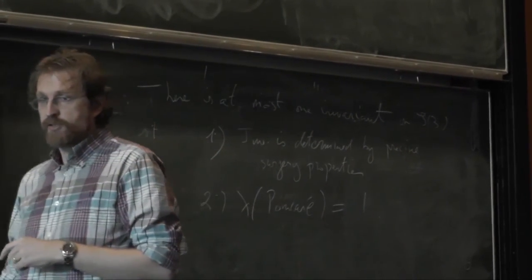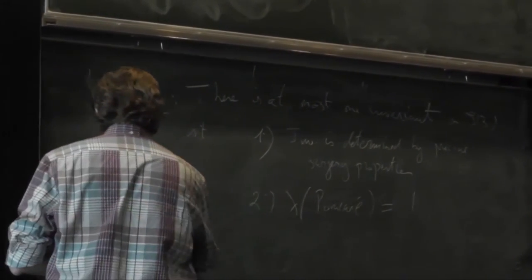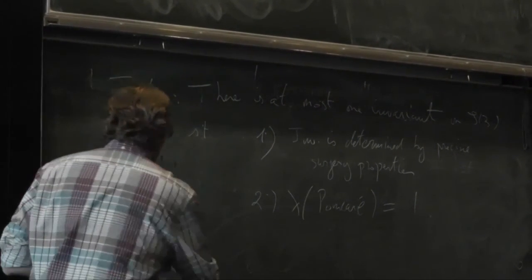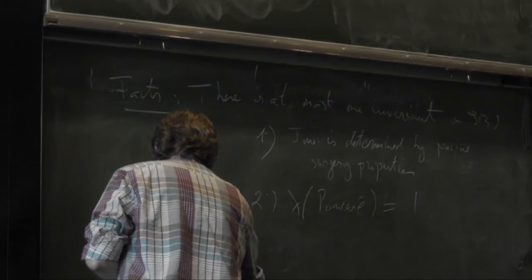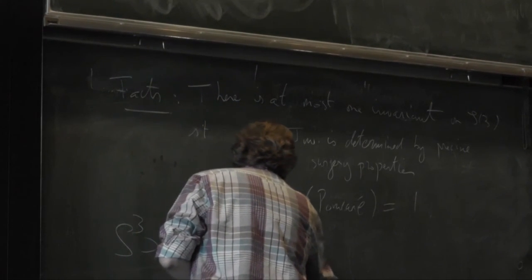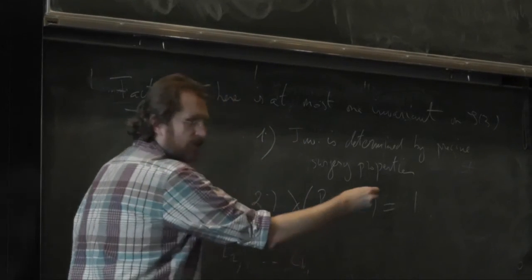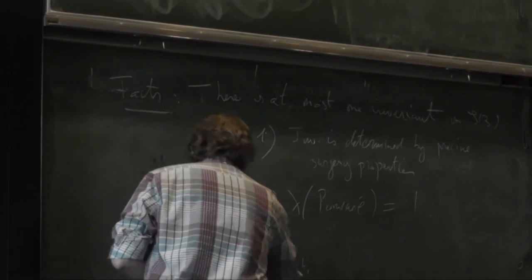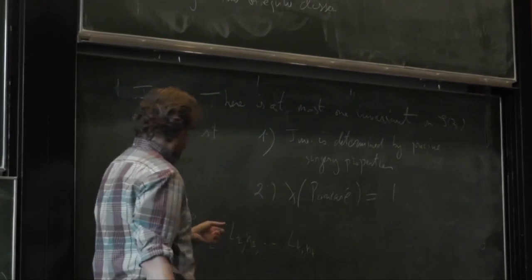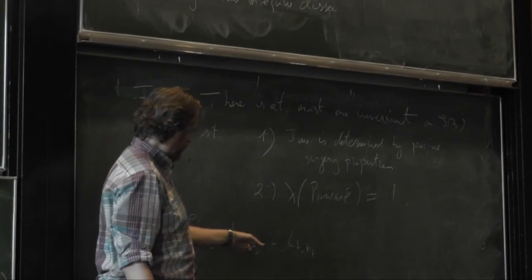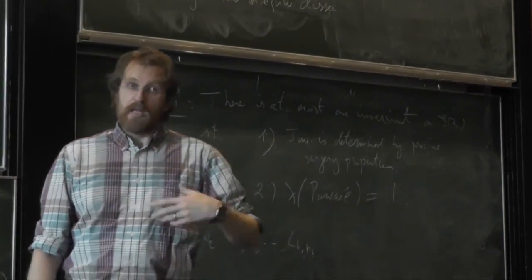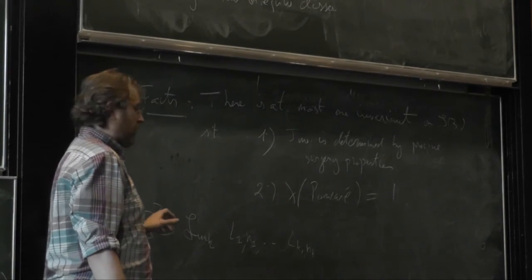And these surgery properties tell you that you have S3, you fix a link here, so it has components L1 to Lk, you attach some numbers to these components, and now you perform integral surgery on each of these components in order, and this will produce an integral homology sphere.